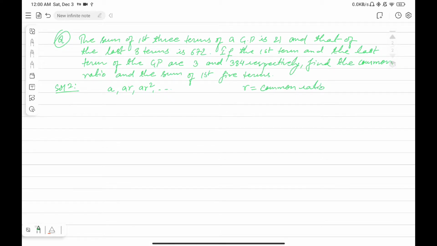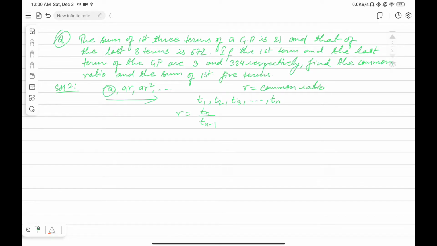Now if we are talking about terms like T1, T2, T3 and so on, with the nth term being Tn, then R can be defined as any term divided by its preceding term.